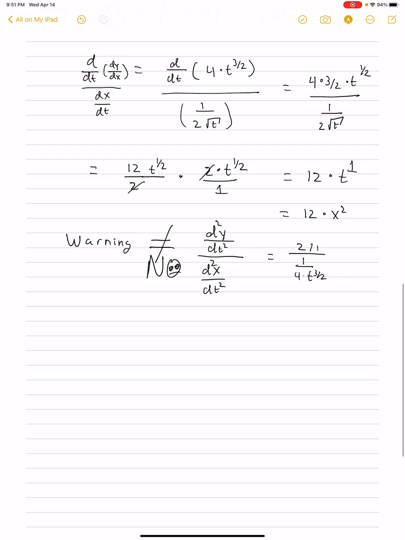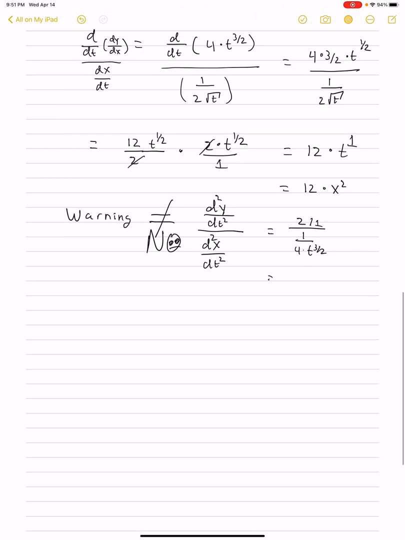So let's just invert and multiply that. That'll be 2 over 1 times 4 times t to the 3/2 over 1. I think this will be 8 times t to the 3/2. And if we remember that t is equal to x squared, this will be 8 times x squared to the 3/2 power.